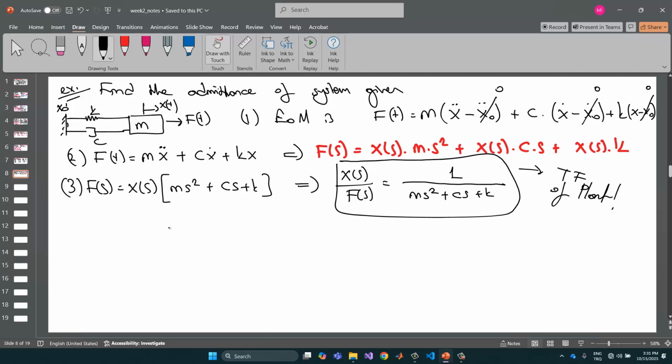After that we can analyze it. Maybe F equals 5, and so X goes to 5 divided by K, right?